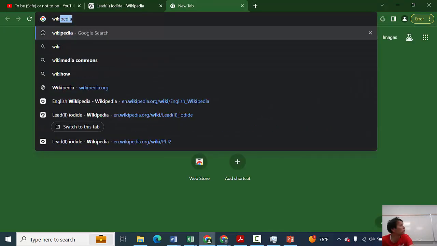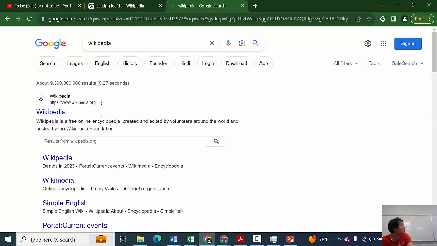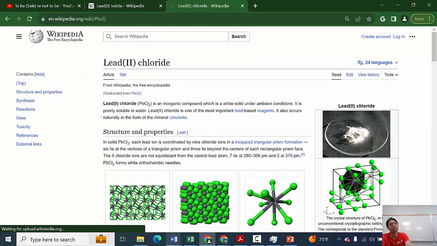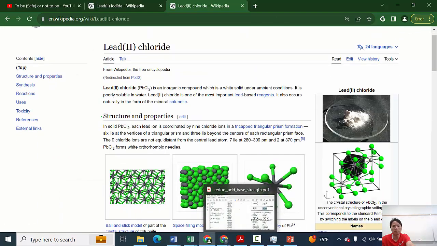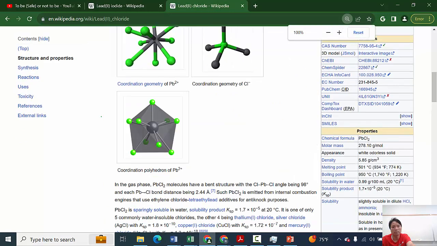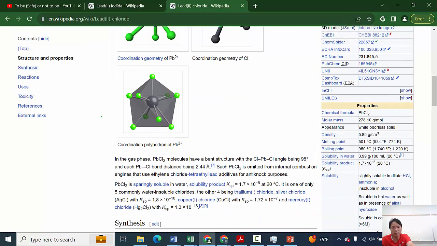Let's go to PbCl2 next. When we look at PbCl2, we see 0.99, about 1 gram per 100 milliliters. So the units are different.